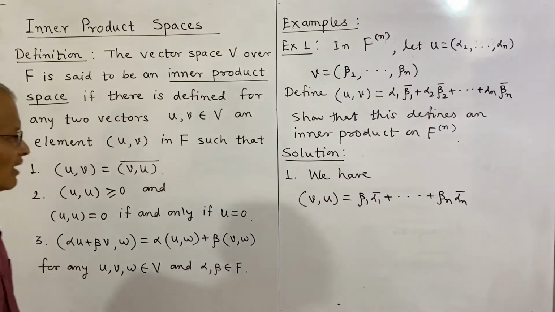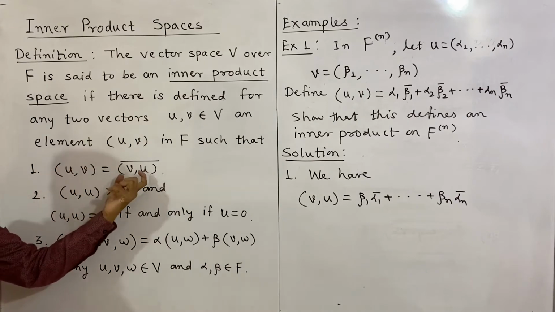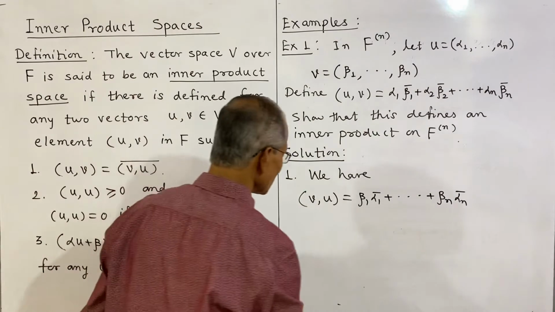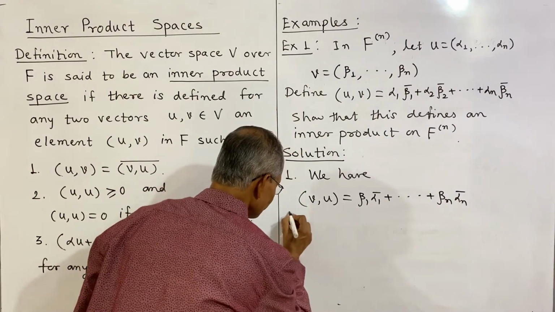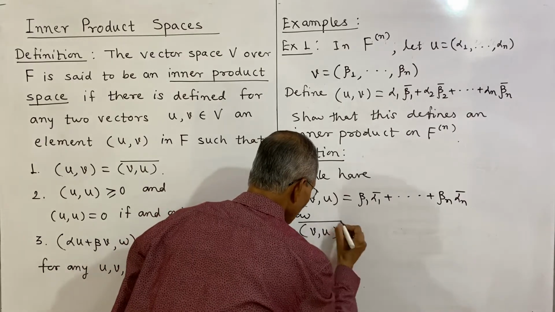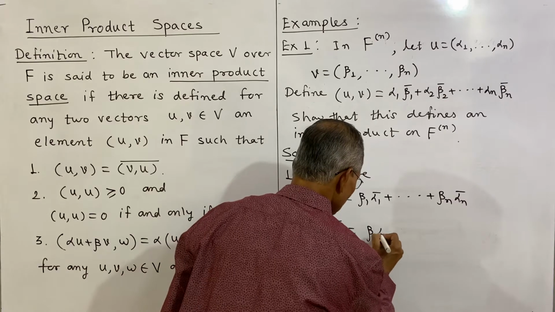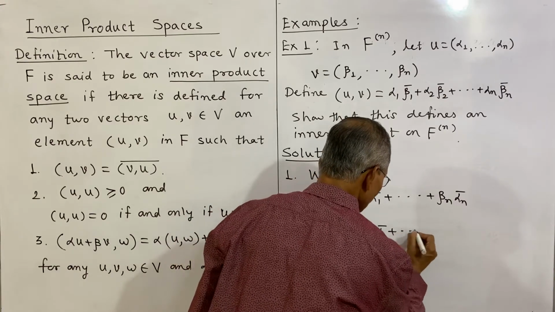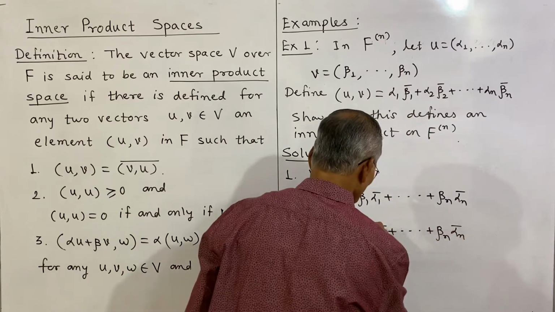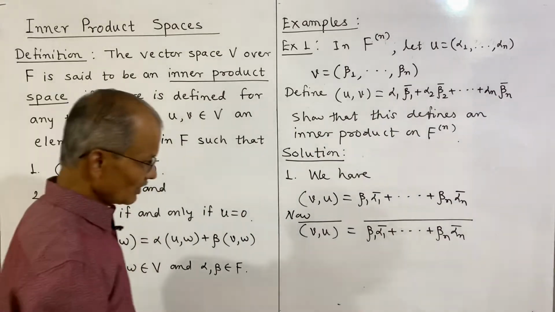And now we will show this first property from right side to left side. That means take its conjugate and show it is equal to the left side. Now taking conjugate of this, the conjugate of the inner product of v and u is equal to the conjugate of the whole expression, beta 1 alpha 1 bar plus so on plus beta n alpha n bar.